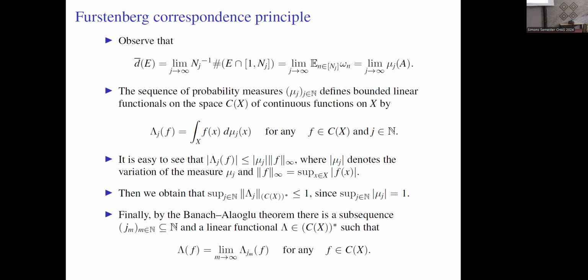Therefore, we can use the Banach-Alaoglu theorem, by which this set of elements has a convergent subsequence. Consequently, there is a linear functional in the dual with the property that, for a certain subsequence, this sequence of linear functionals converges.